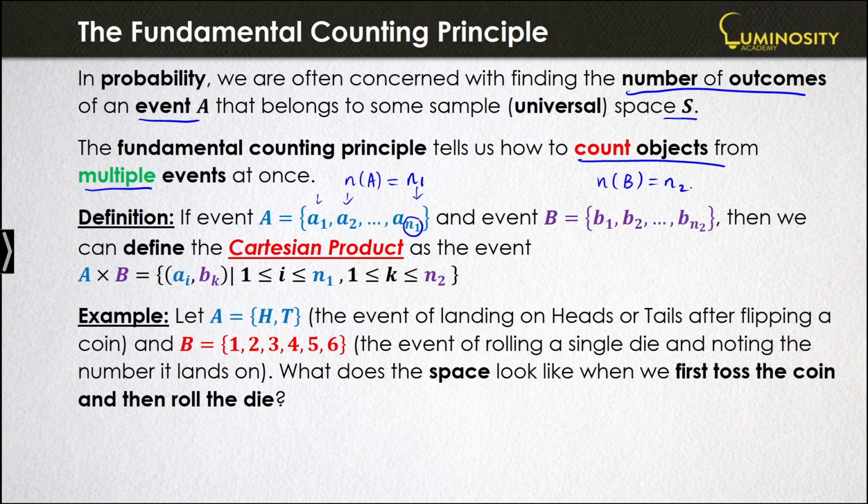Then we define the Cartesian product as the event A cross B. So that's the way we say it and write it.